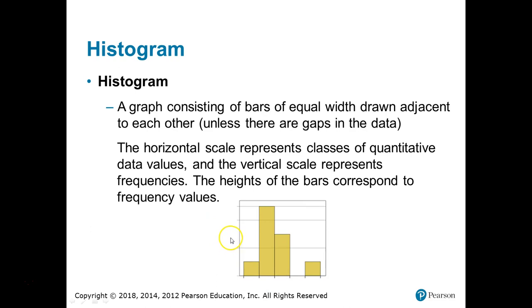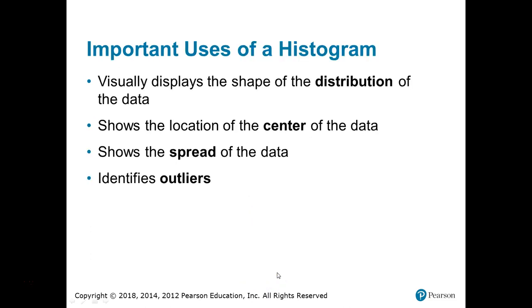It could also be a relative frequency along the y-axis, and the x-axis is always going to be your classes. So the important uses are that it visually displays the shape of the distribution of the data. It shows the location of the center of the data, shows the spread of data, and it identifies any outliers.